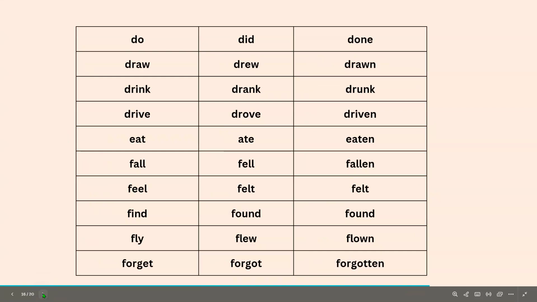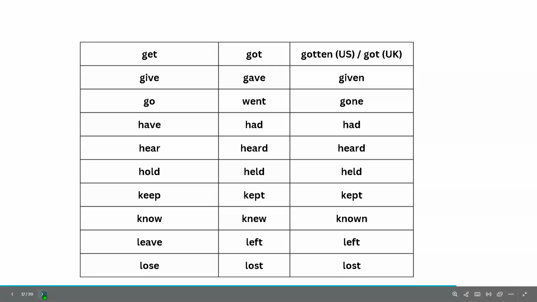Here all three words are different. Okay, V2 and V3. Now see, get, got, gotten. In US English, gotten is correct. But in UK English, we generally use got.